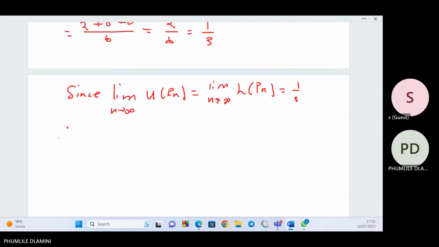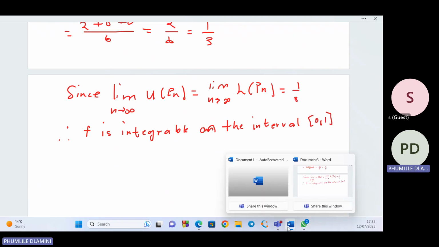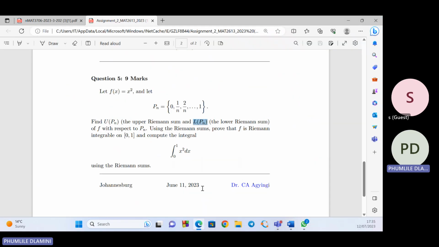Therefore, f is integrable on the interval 0 to 1.